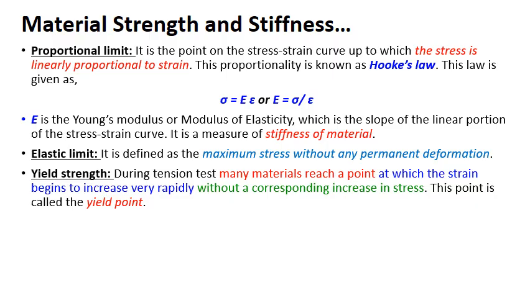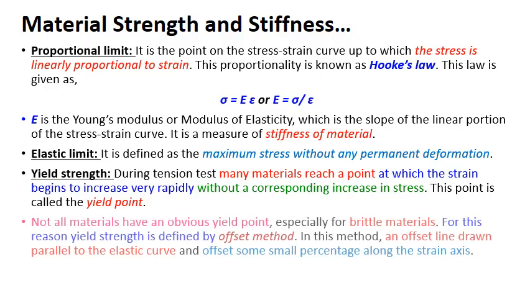Yield strength: there is a point on the stress strain curve where the strain begins to increase very rapidly without a corresponding increase in stress. That point is yield strength. The material starts entering the plastic zone.